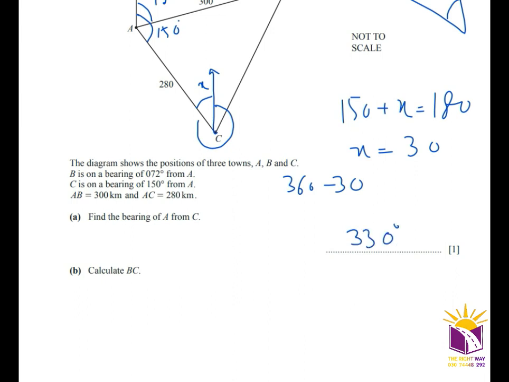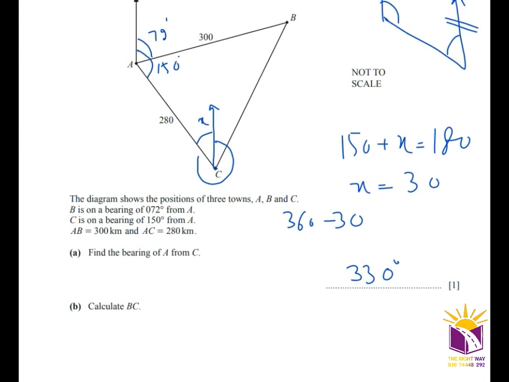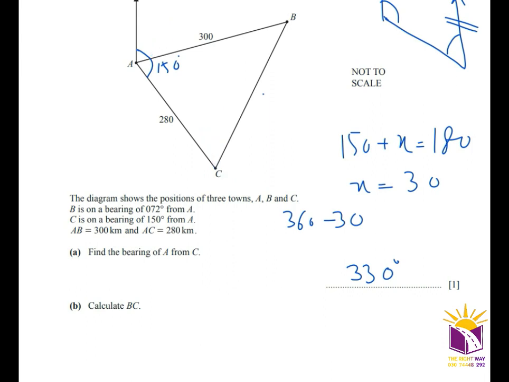Now you have to calculate B and C, this distance. So for this distance, the angle at A will be equal to 150 minus 72, and it will be equal to 78 degree.